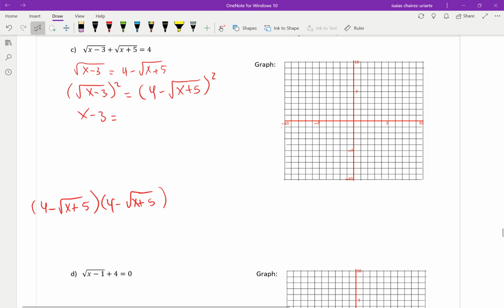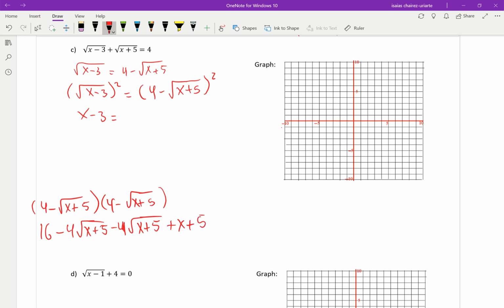So this becomes 16 minus 4 square root of x plus 5, minus 4 square root of x plus 5, and then minus square root of x plus 5 times minus square root of x plus 5, that becomes positive x plus 5.